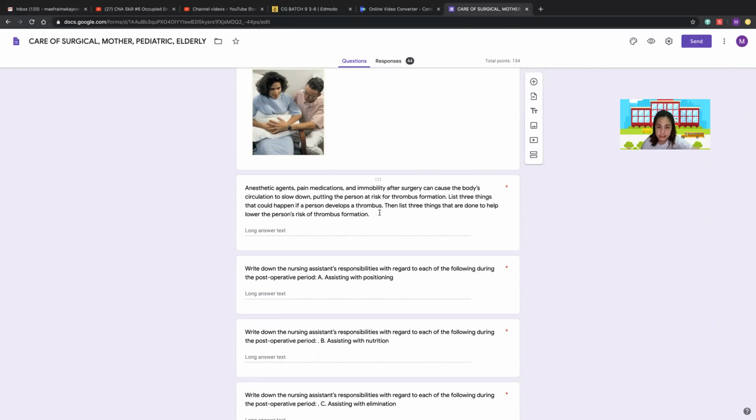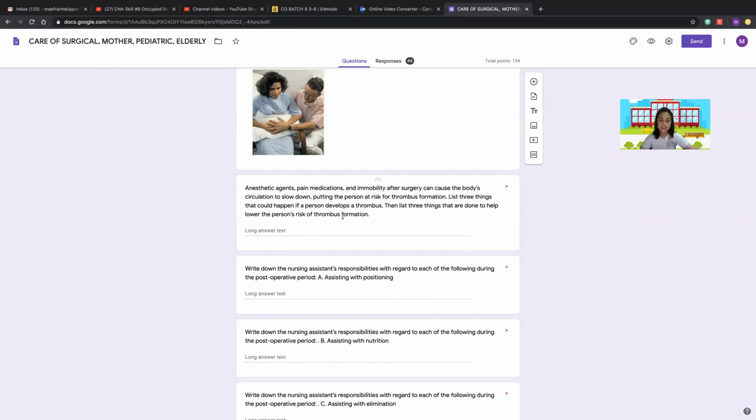Then list 3 things that are done to help lower the person's risk of thrombus formation. What are the interventions? We can put anti-embolic stockings, turn the patient side to side, do incentive spirometry, deep breathing exercises, and range of motion exercises.